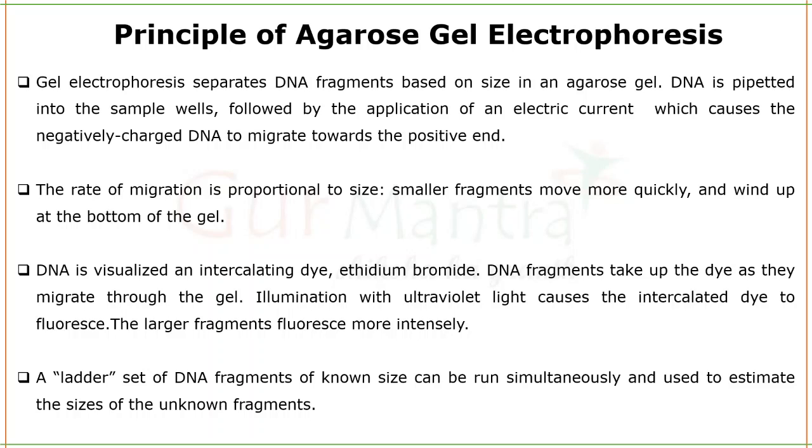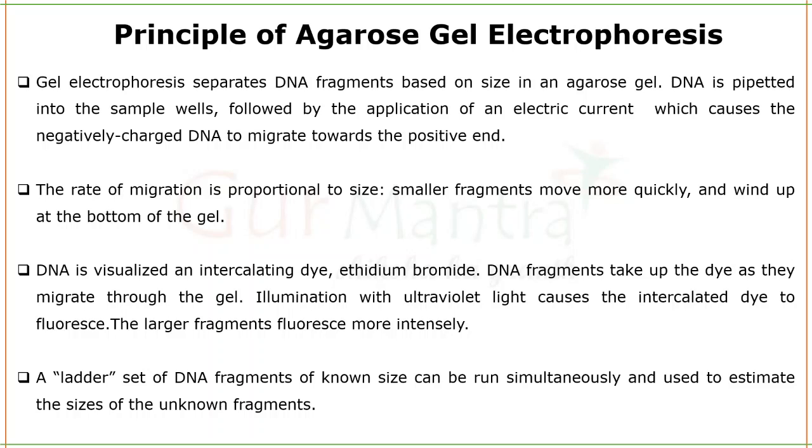Okay. So the ladder will be present, and we know for every band what the molecular size will be. So the ladder is basically a reference. All the samples you load are of unknown size. You want to know the size of that DNA fragment, what the molecular weight of that DNA fragment is.